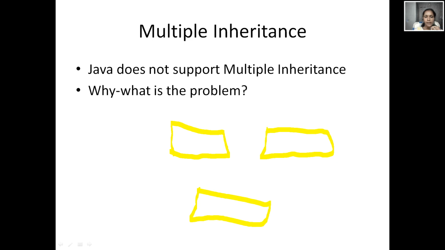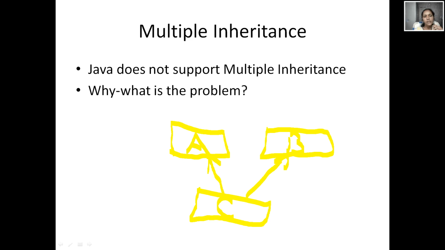There is a child class C that acquires the properties from the A class, and as well acquires properties from the B class also. This is multiple inheritance. A child class that acquires the properties from more than one parent class is called multiple inheritance.